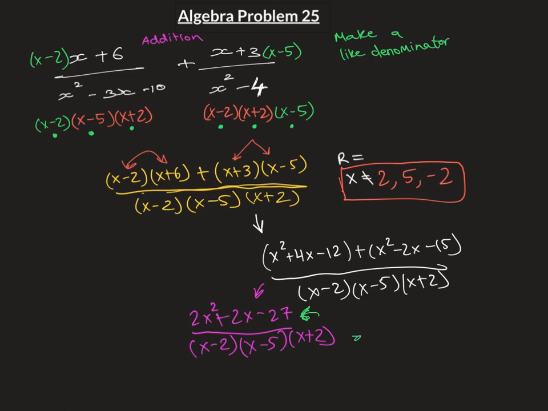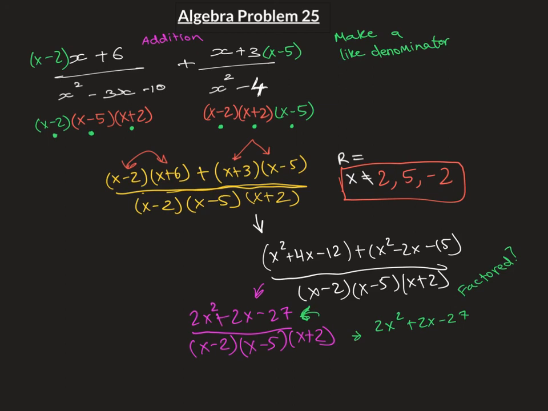So what's 2x squared plus 2x minus 27 factored? Well, can this be factored? Really, it can't be. So 2x squared plus 2x minus 27 cannot be factored.